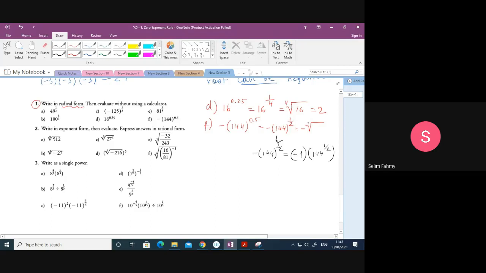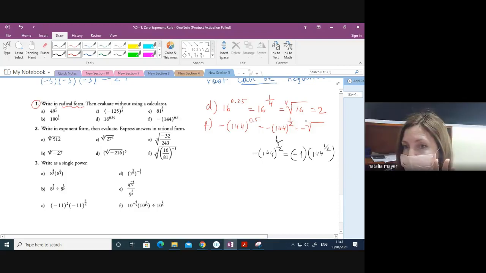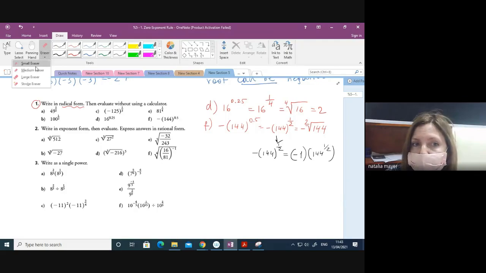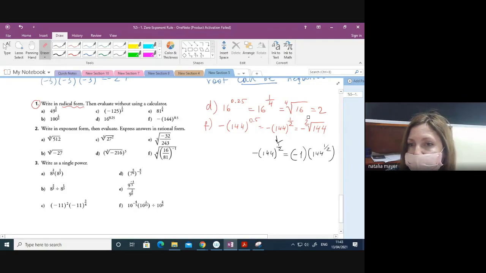No, we don't flip anything. It becomes, so this one becomes the index. This one becomes the index. Okay, I will write it here. So this is how we switch. But do we write the index for square root? No, we don't. So we don't write the index for square root. So this is the radical form of this rational exponent.